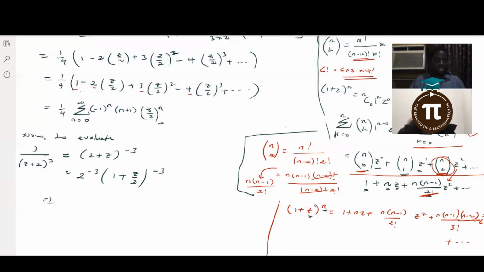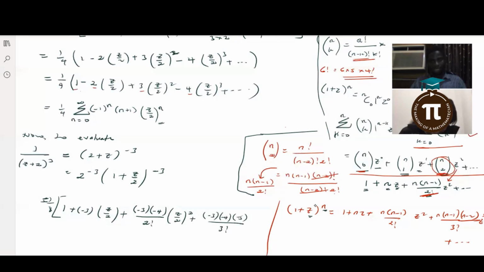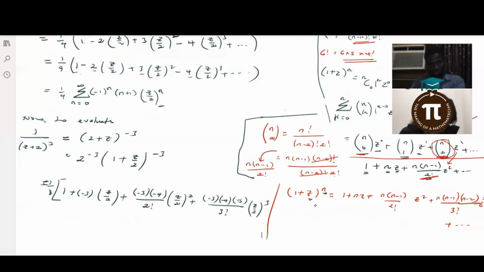So this is 1/8 times [1 + (-3)(z/2) + (-3)(-4)/2! (z/2)^2 + (-3)(-4)(-5)/3! (z/2)^3]. Do you get that?